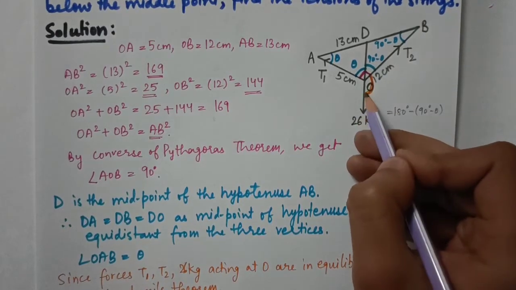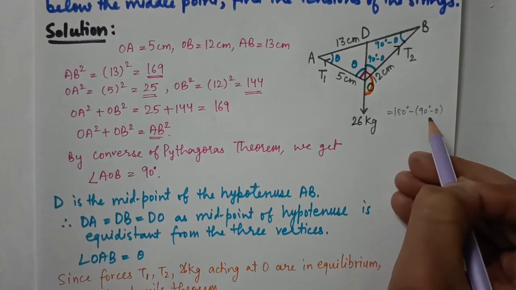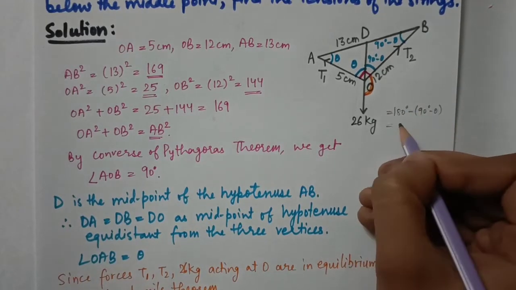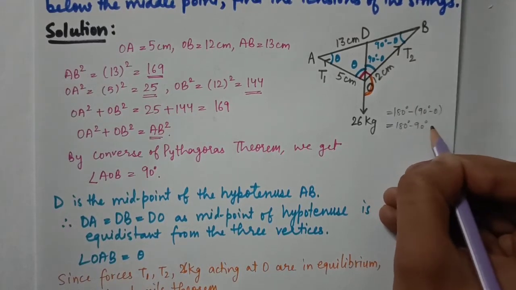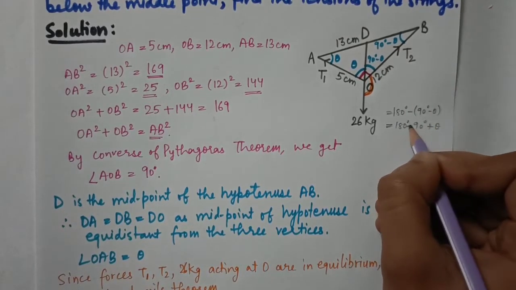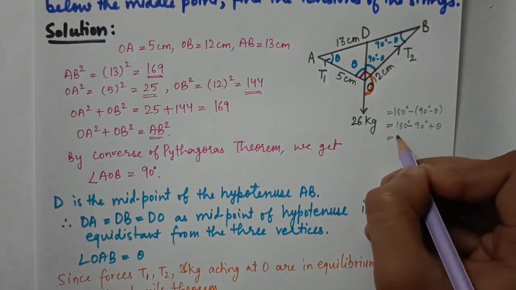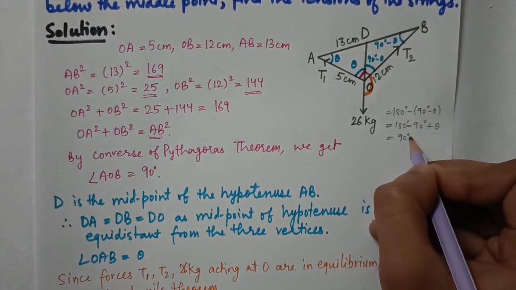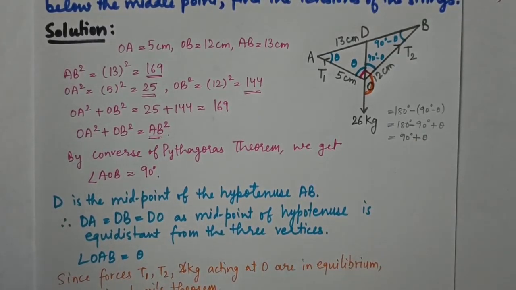So this angle must be equal to 180 degree minus (90 degree minus theta). So definitely it would be equal to 180 degree minus 90 degree plus theta when we remove the bracket, and 180 degree minus 90 degree would be equal to 90 degree, and then we have plus theta with us.